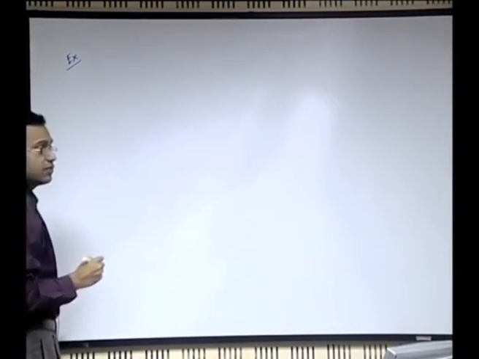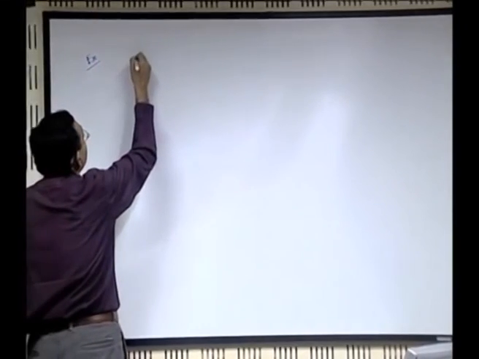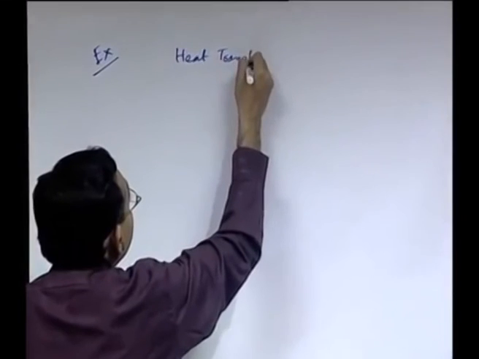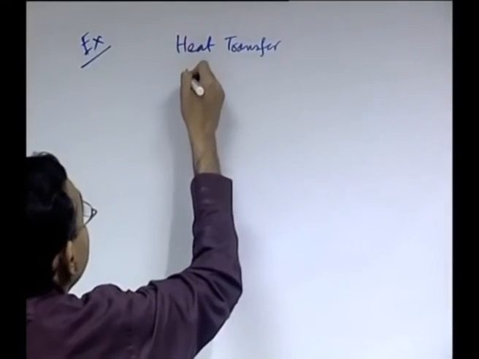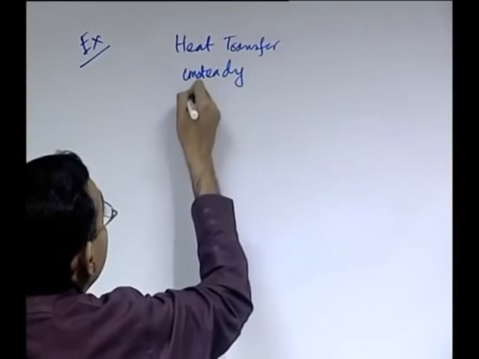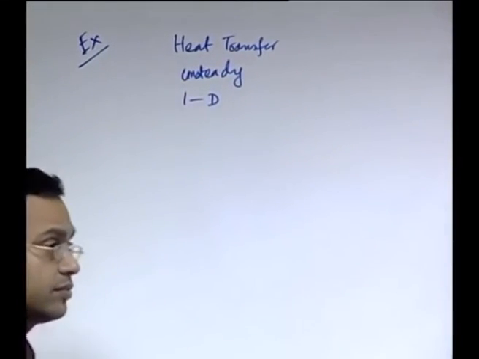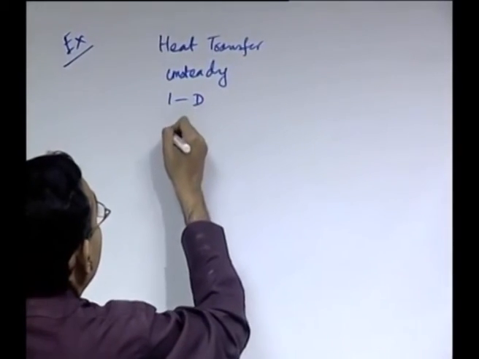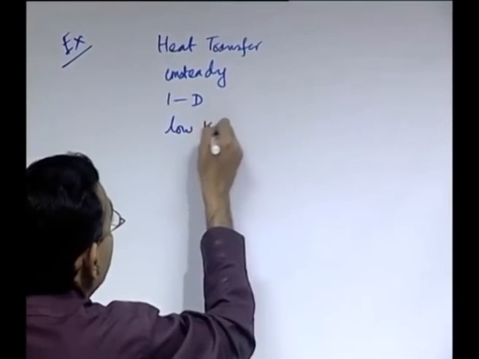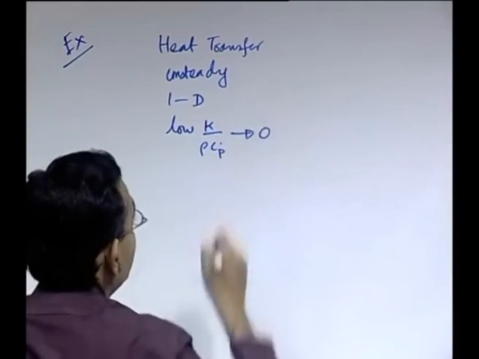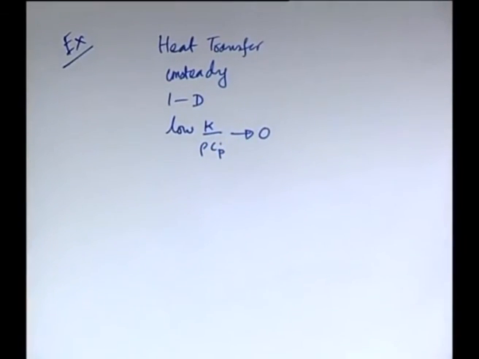So let us consider a heat transfer problem. Unsteady, one dimensional, low K by rho Cp which almost tends to 0 of the flow medium.